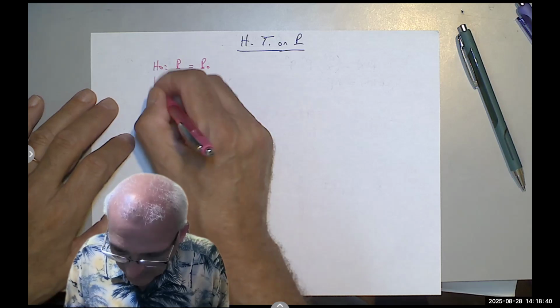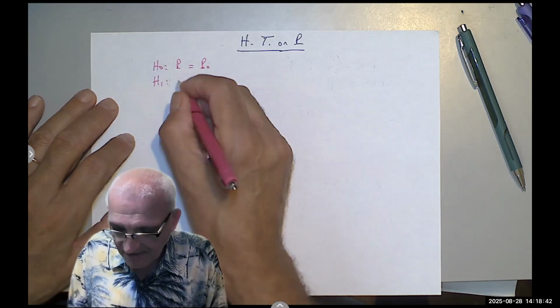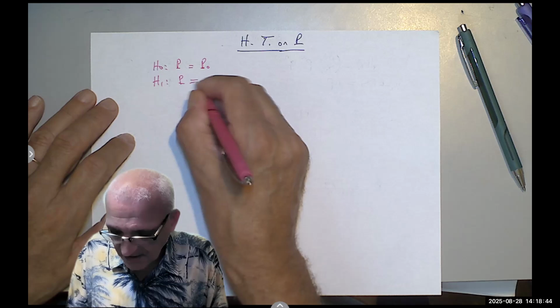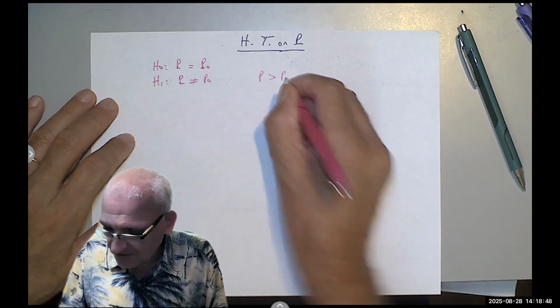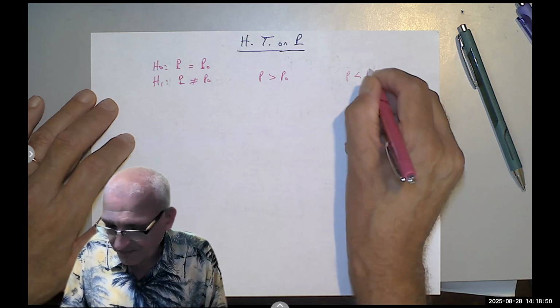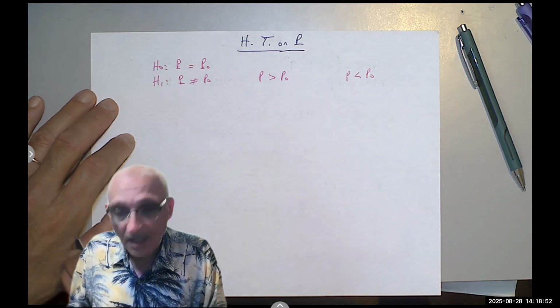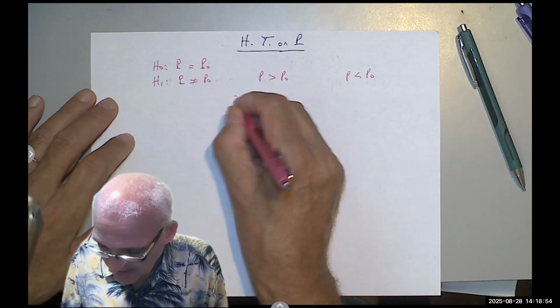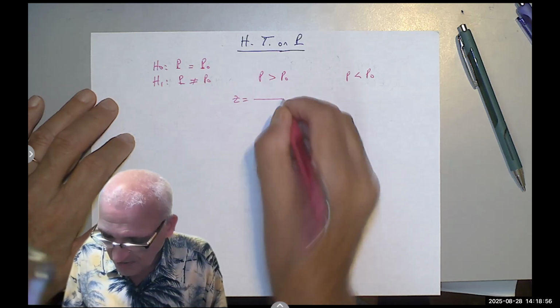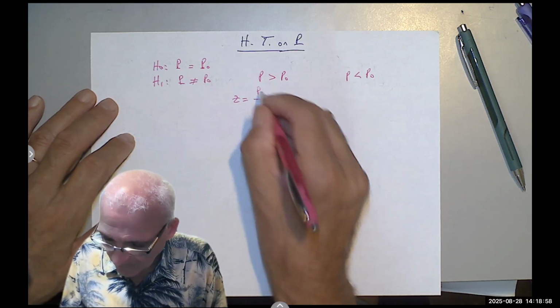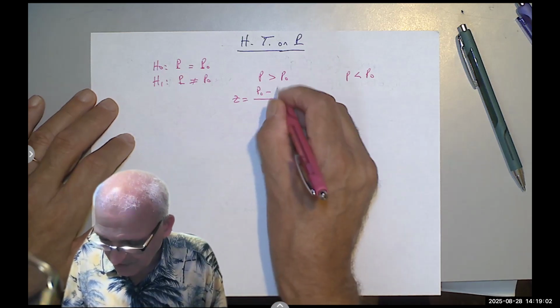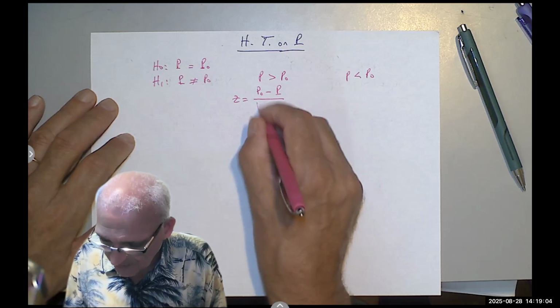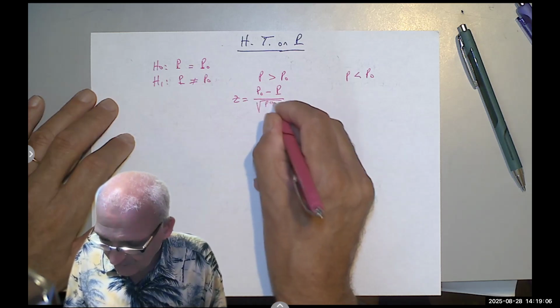The alternative hypothesis would be either P doesn't equal P0, or P greater than P0, or P less than P0. Your test statistic is Z, which equals P0, that estimates P, minus P, which is the estimate, over the square root of PQ over N.